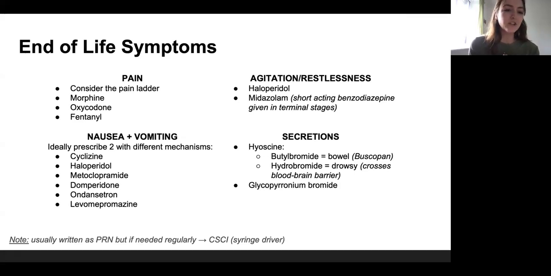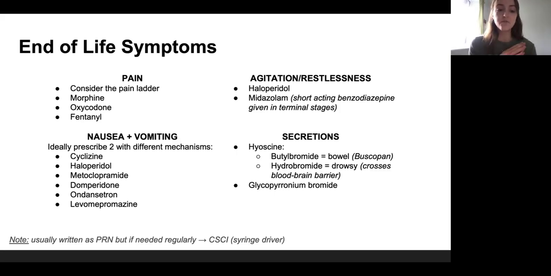And as you know, haloperidol and metoclopramide and domperidone are all dopamine antagonists. So they are contraindicated in Parkinson's because they can worsen symptoms. Domperidone, I believe, is not necessarily contraindicated because it doesn't cross the blood-brain barrier, but definitely haloperidol and metoclopramide.